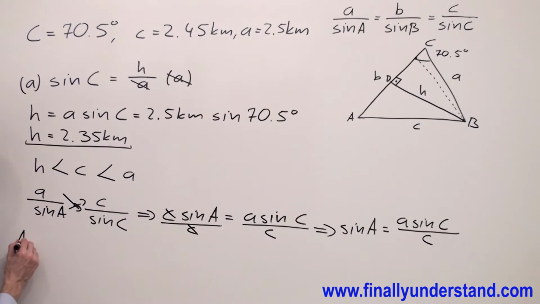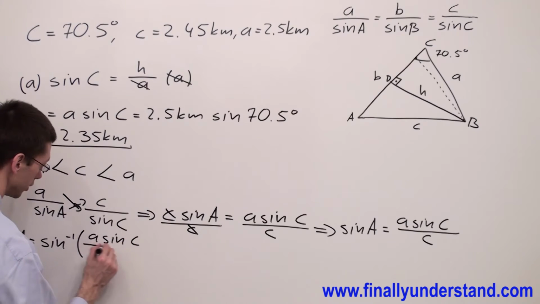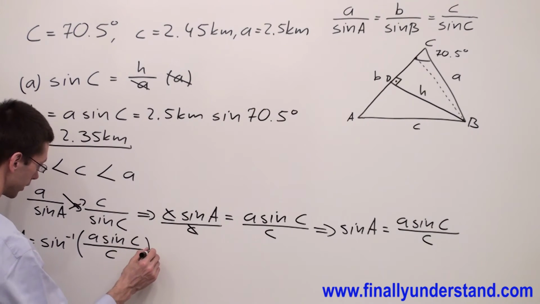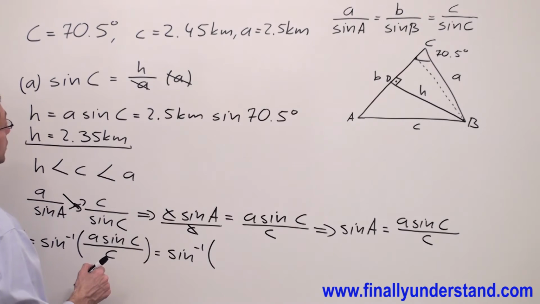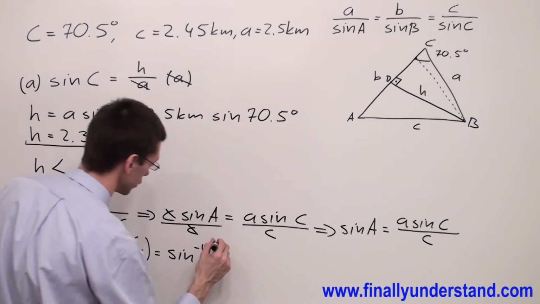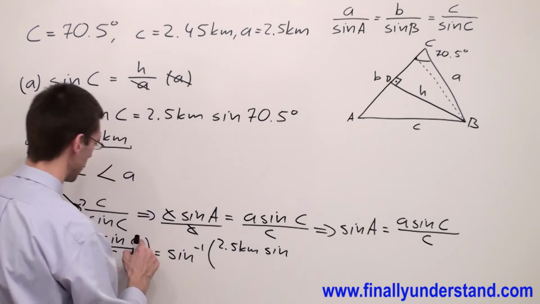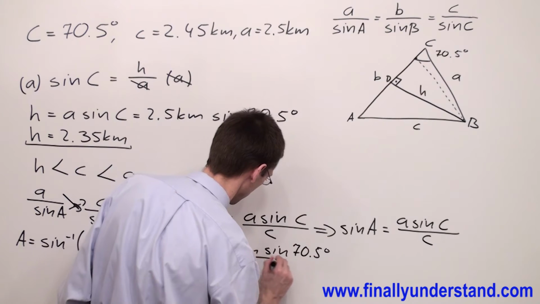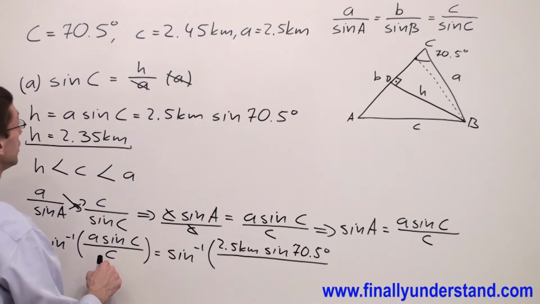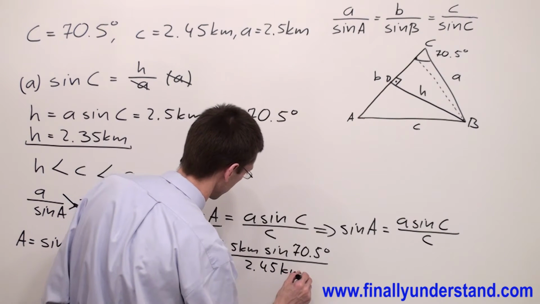In order to find angle A, I'm supposed to find the inverse of sine of A sine of angle C over C. This is equal to inverse sine of side A, which is equal to 2.5 kilometers, times sine of angle C, which is equal to 70.5 degrees, over side C, which is equal to 2.45 kilometers.